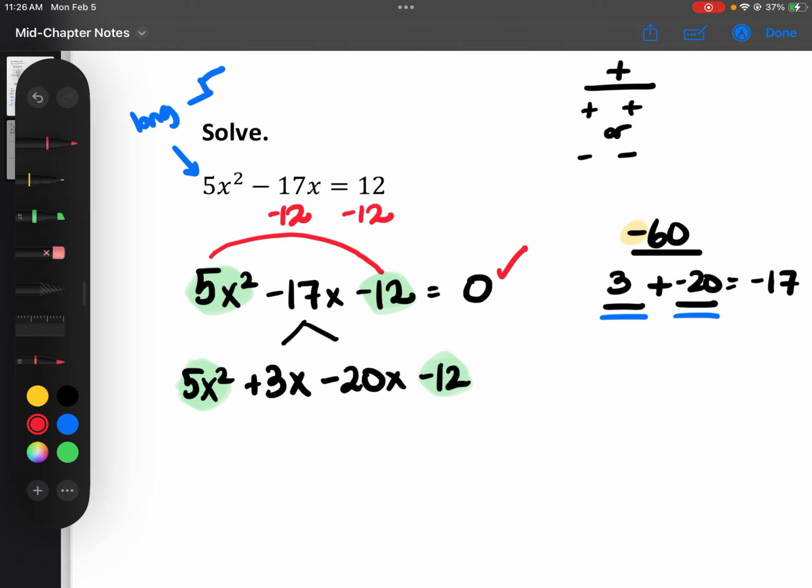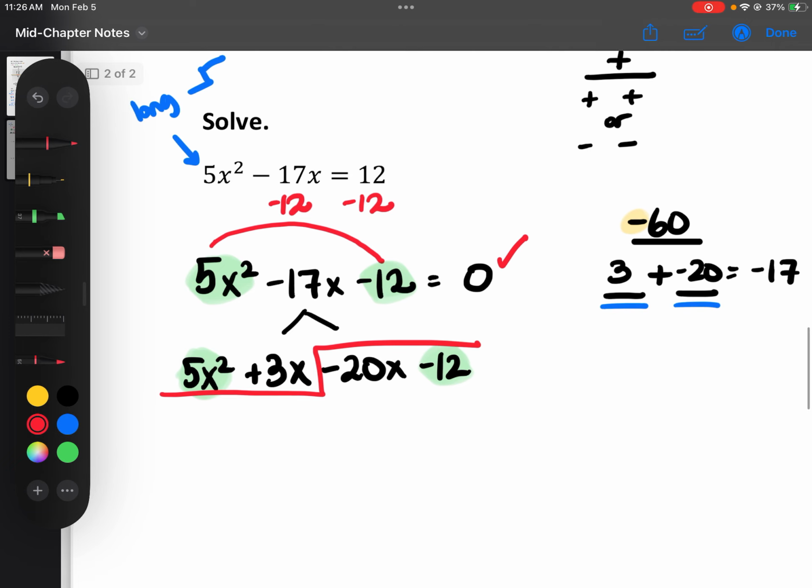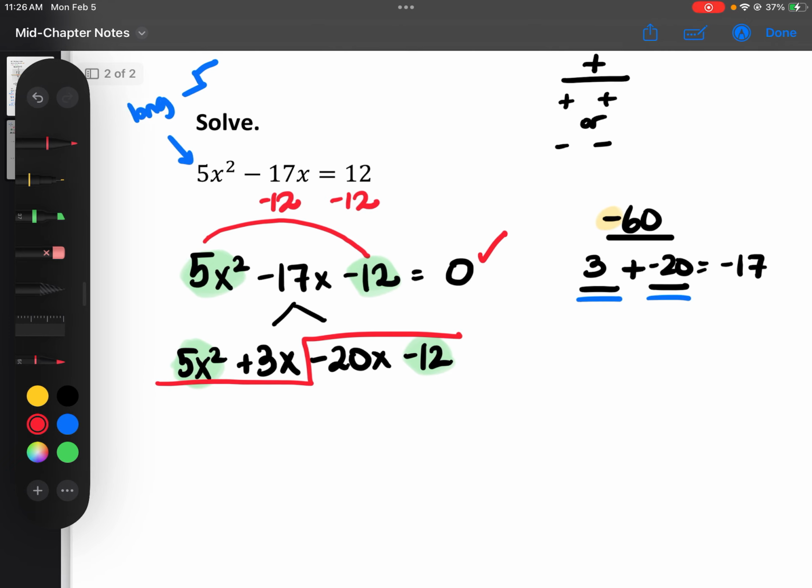And we call it lightning bolt because we draw our lightning bolt. Okay, this is where we use the chart again. So you're going to look at 5 and 3 on the chart, and you're going to find the biggest number that they both have in common. In this case, they both have a 1 in common, but they also have x's in common. Both terms have an x.